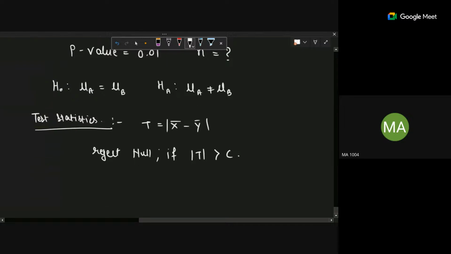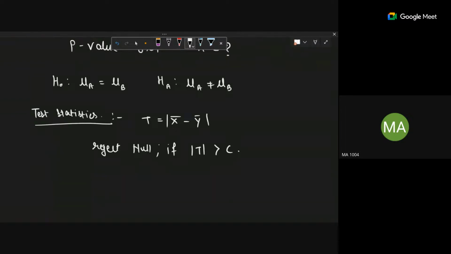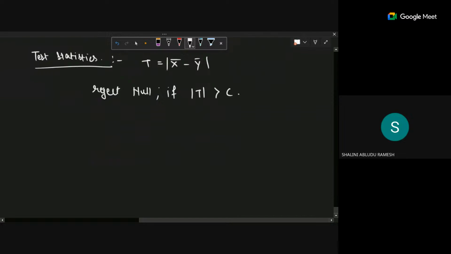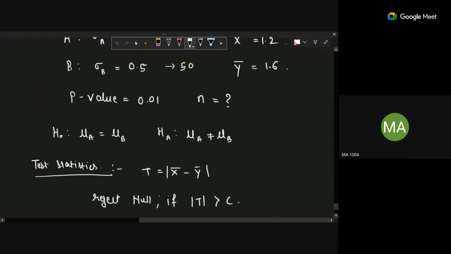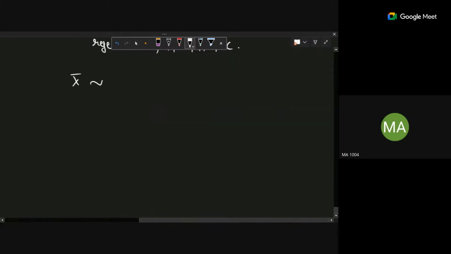Then T will follow a normal distribution. First let's go with the distribution of x bar and y bar so that there will be no mistake in the distribution of T. So what is x bar following? X bar is the mean of A, the mean is 1.2 and the standard deviation is 0.6.